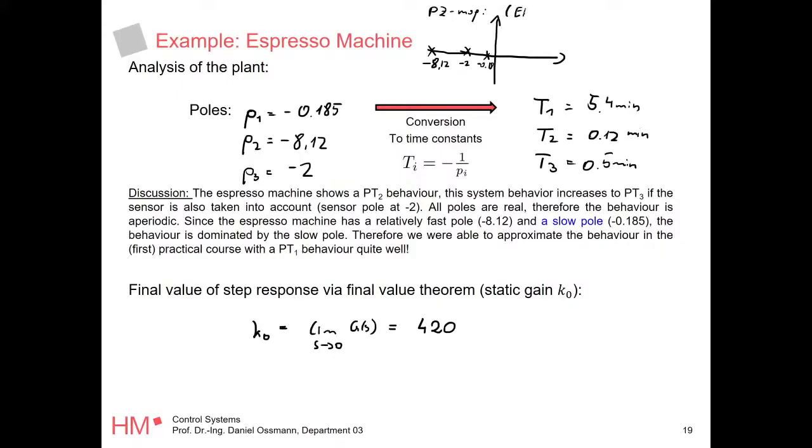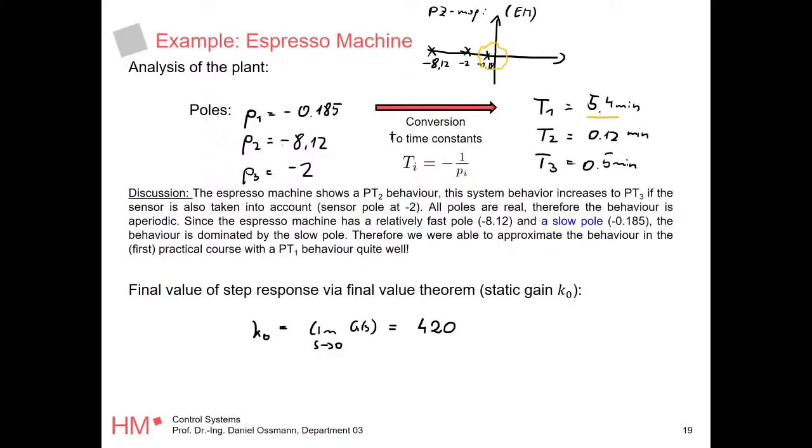I know poles are kind of hard to interpret, so we said sometimes it's easier to do a conversion into time constants. You just need to take the negative inverse, and what you end up with is this pole, which is very close to the origin, with a time constant of 5.4 minutes.